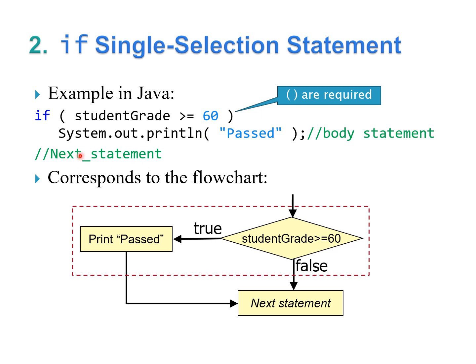The statement written after the body statement is not a part of the if statement. It is the next statement that will be executed after the if statement is executed.